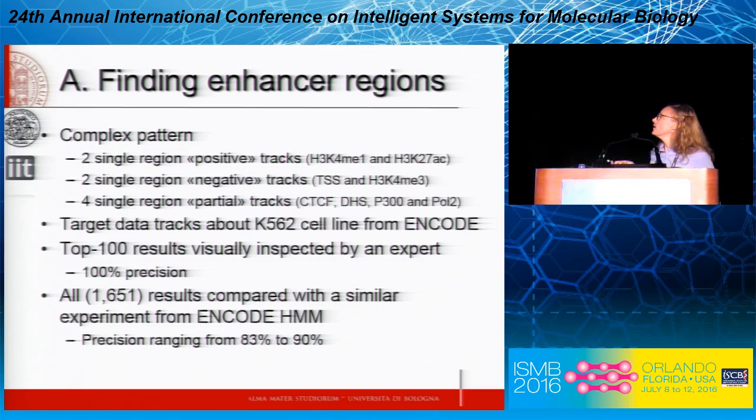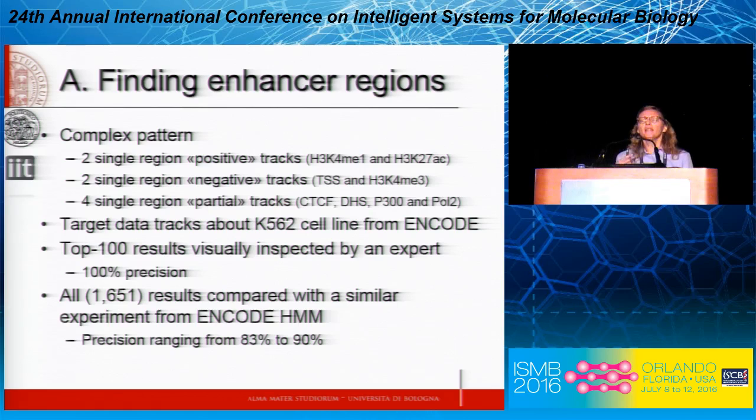The target data came from the ENCODE data repository. We computed the top 100 results that we provided to biologists of Polytechnic Milano, who manually inspected them through the genome browser, and they found 100% precision, so they found all matches interesting.